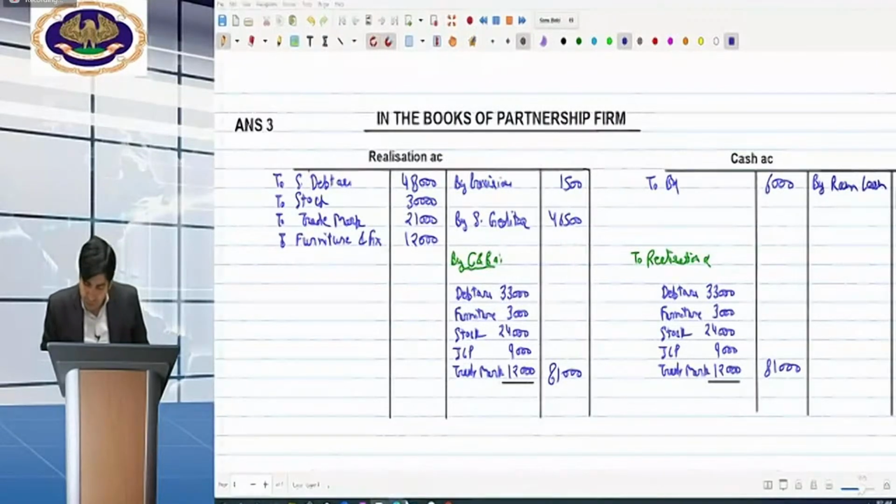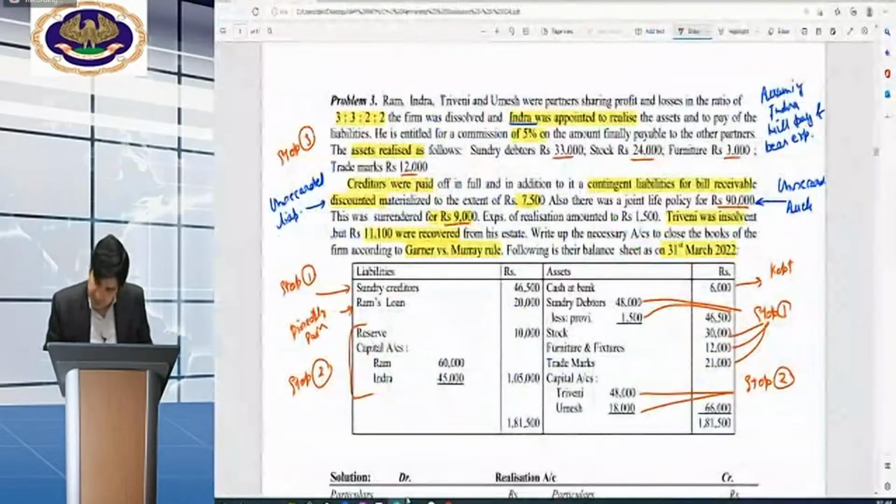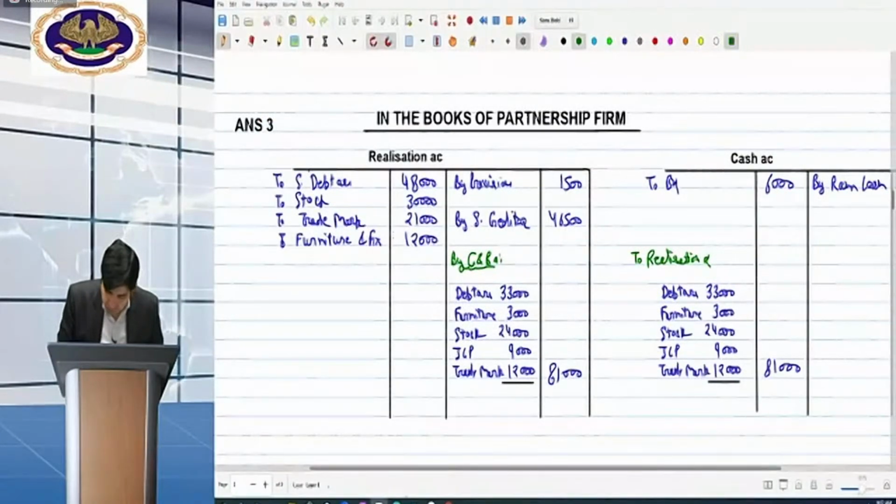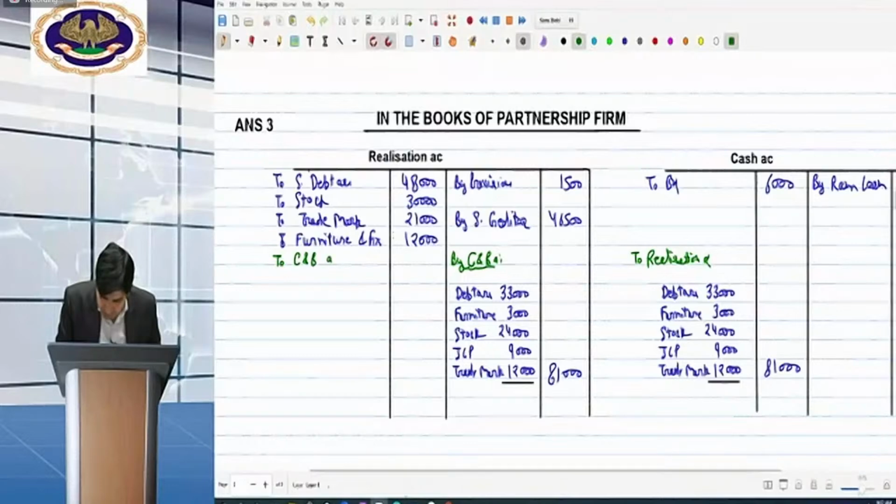Next one. What about the payments to the creditors? Creditors were paid in full. In addition, contingent liabilities were also there. So 7,500 were also paid in addition to 46,500. To cash and bank account.